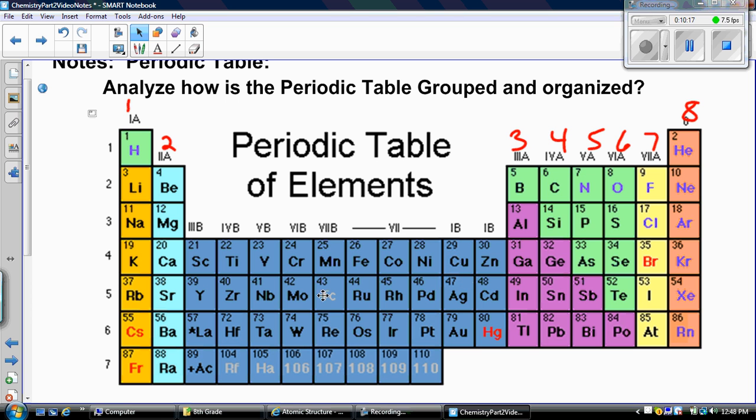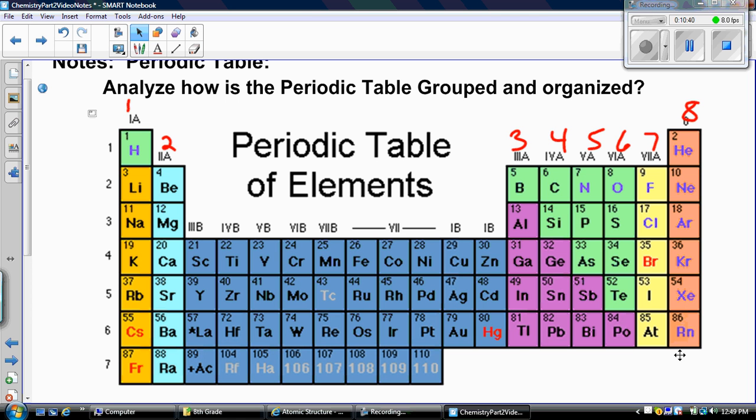Now, when you get to the transition elements, they vary, and you'll learn how to figure out the valence electrons, so you can't use this easy system. So you skip over here, okay? This group has 3 valence electrons, then 4, 5, 6, 7 valence electrons, and then 8.